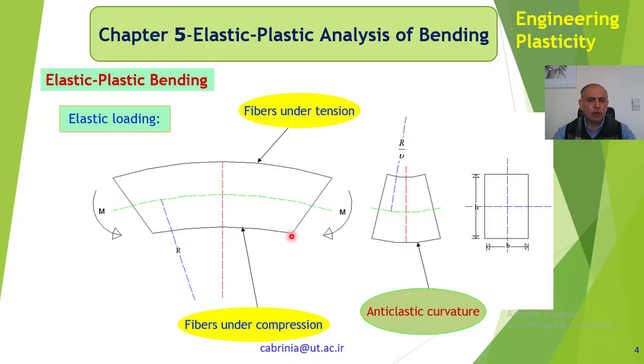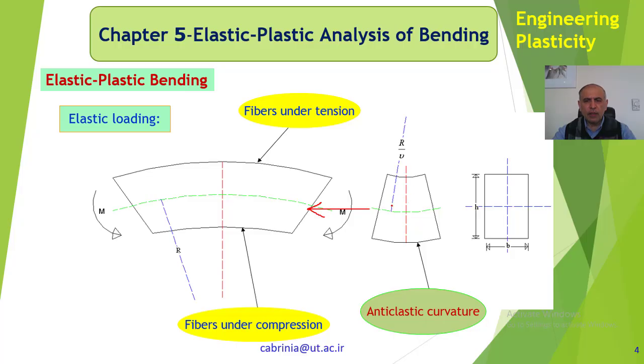Okay, so if the curvature here on the bottom is in compression and this one is in tension, then when you look at it from this side, like that, that is the cross section. That's the original cross section before bending, that's after bending.